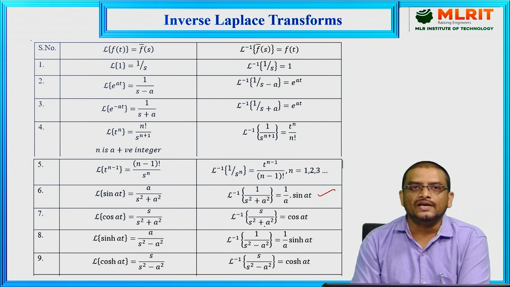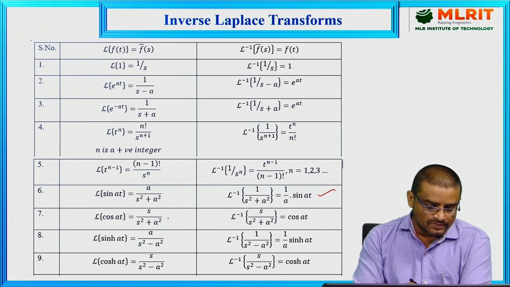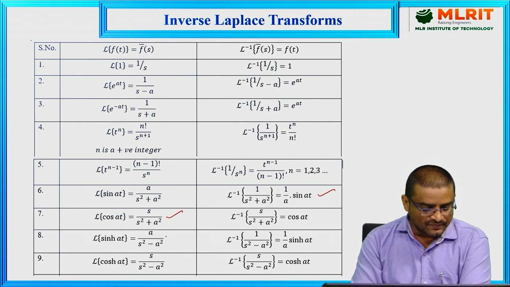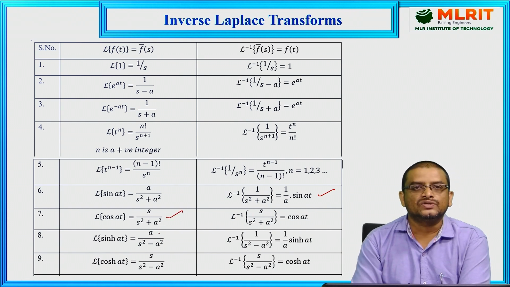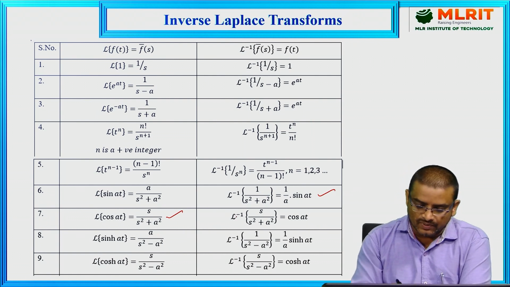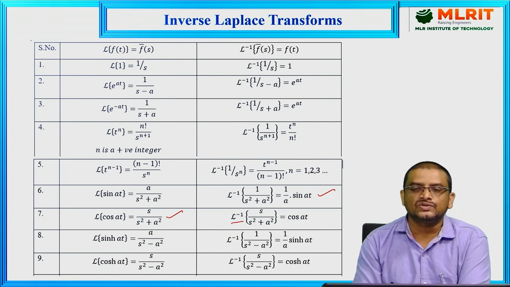And similarly we know that the Laplace transform of cos at is equal to s by s square plus a square. So now send this L to this side, it becomes L inverse of s by s square plus a square.